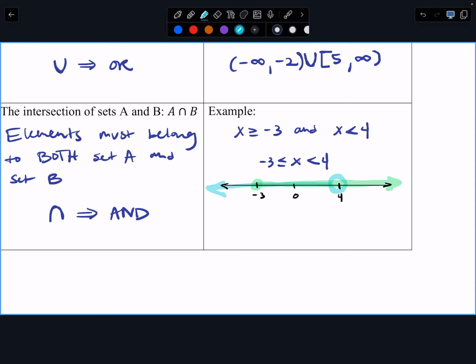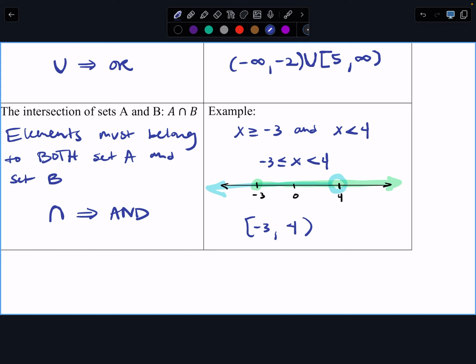And then translating that inequality notation to interval notation, -3 would be included up to 4. And again, you're thinking about where the two intervals that we started with would overlap. Where would they intersect?